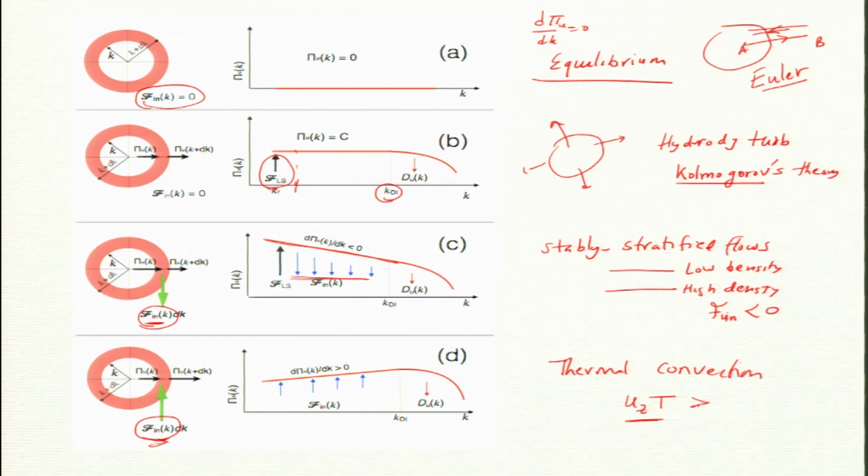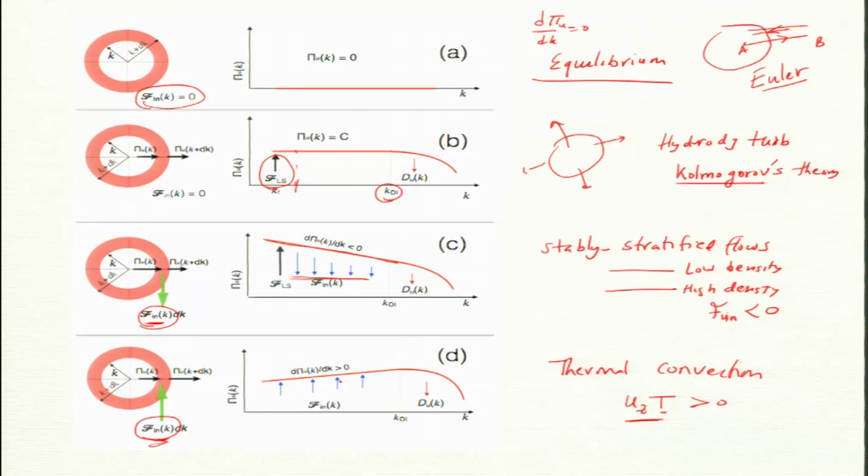So, this is positive. If T is greater than the mean, then U_z is positive. So, energy feed by buoyancy is positive. In fact, this is a straightforward proof, and the cold plumes come down. So, T is less than the mean and U_z is negative. So, they come with the same sign. So, here my flux should increase with K.